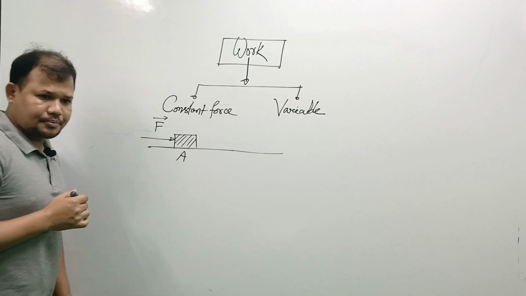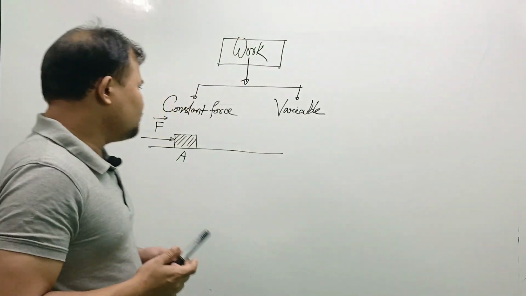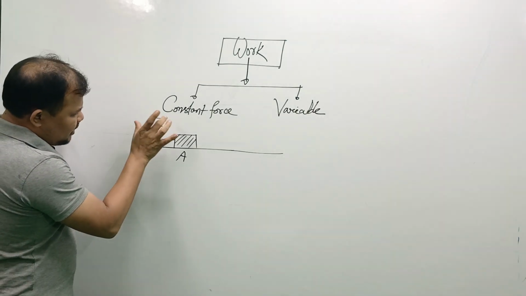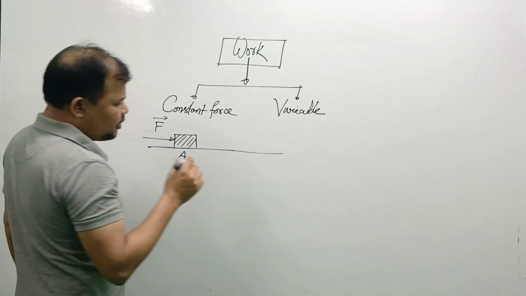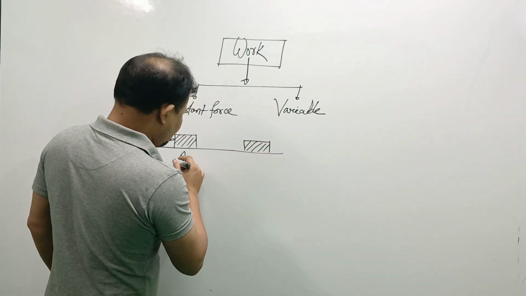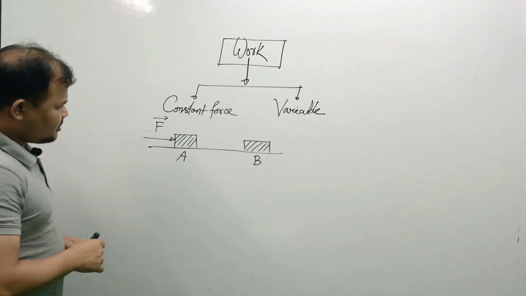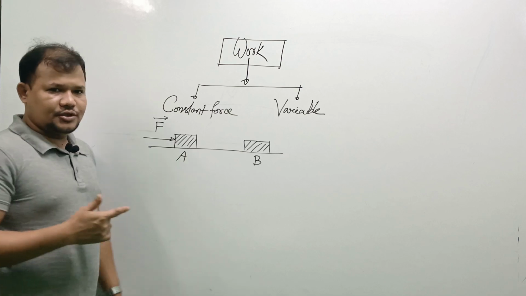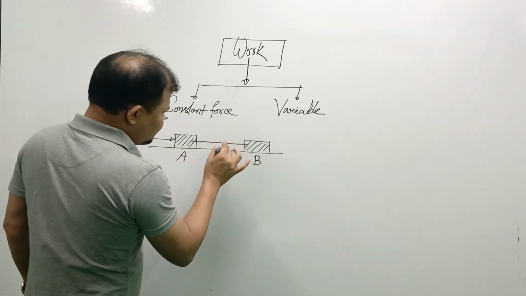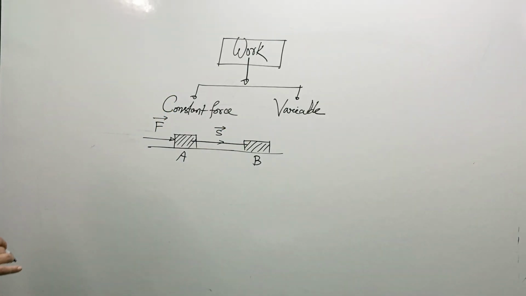Because of applying force F, this body goes from point A to B. Here, as displacement occurred along the direction of the force, this is the displacement. We also know displacement is also a vector quantity.